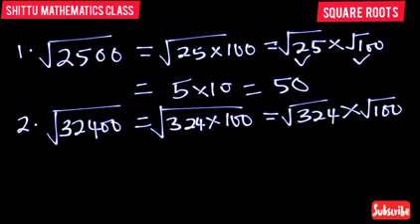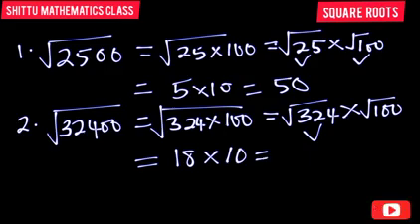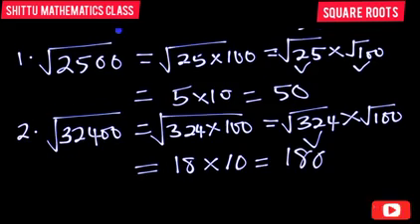So the way we did in the first example, the square root of 324 is 18. That is, when you multiply 18 by 18, you are going to have 324. And the square root of 100 is 10. So when you multiply 10 by 10, you are going to have 100. Therefore we have the square root of 32,400 to be 180. Is that understood?